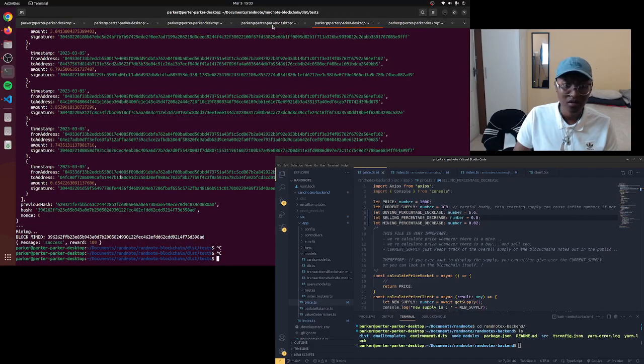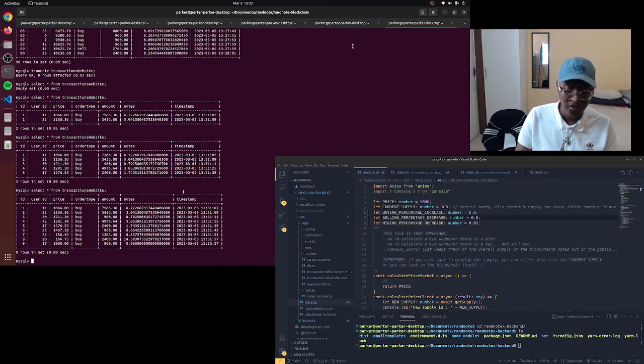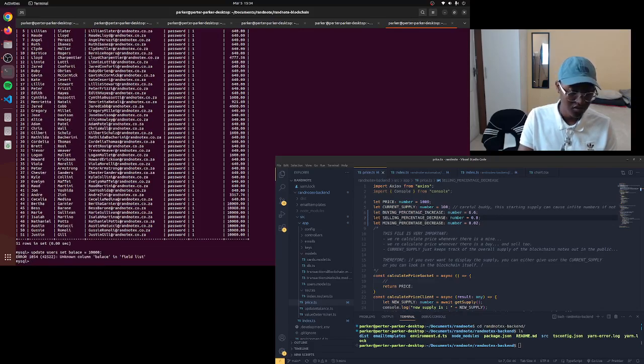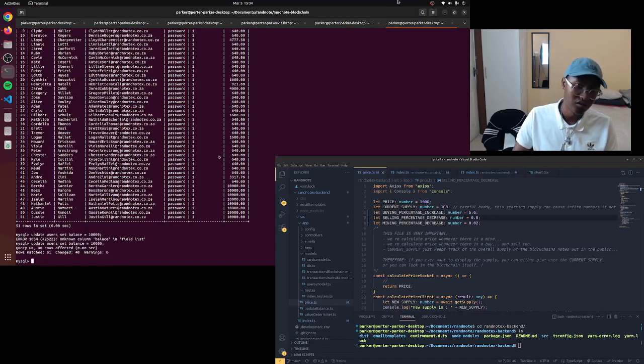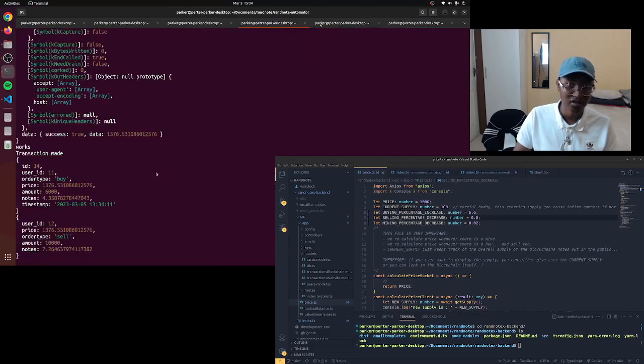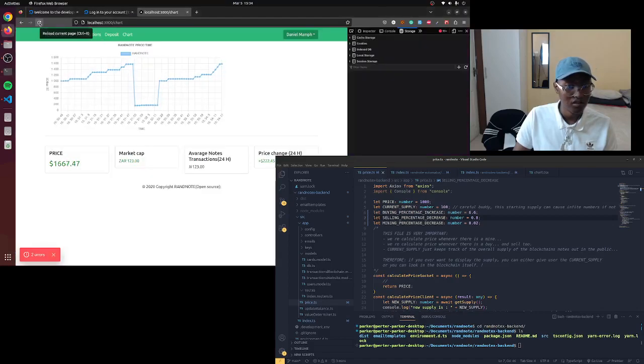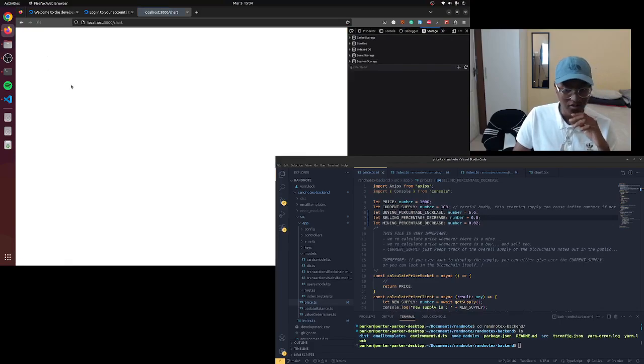I think maybe I don't have enough. Select all from users. Yeah, I don't have enough cash, so update users set balance. Right, should have a lot more transactions now. I'll just mine this. I'll just refresh this because this is wild.